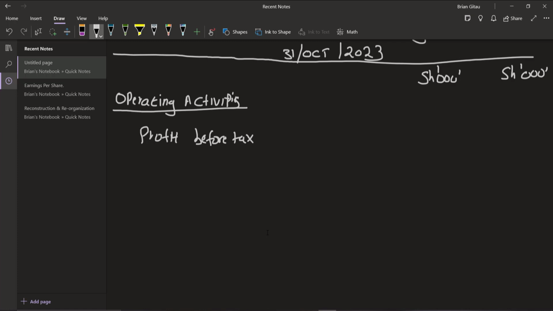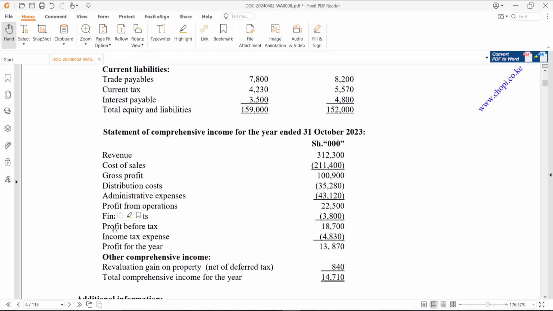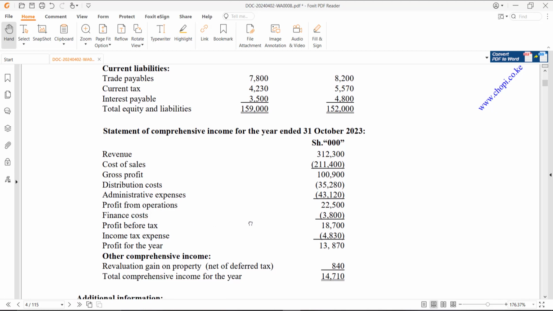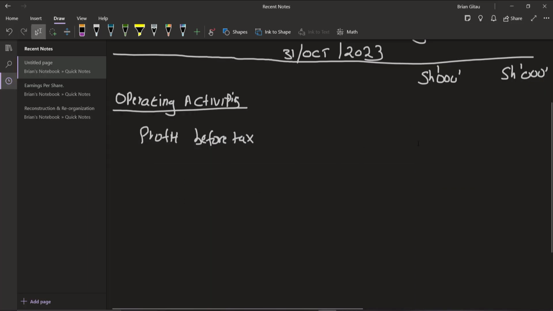So the profit before tax in this case was, let's go back to our income statement and identify the profit before tax. So this is our income statement, and you can see the profit before tax. Here it is. The profit before tax was 18,700 shillings.